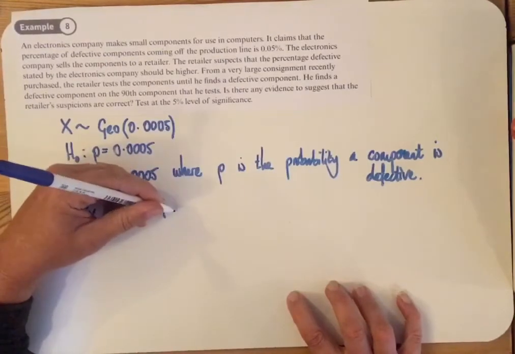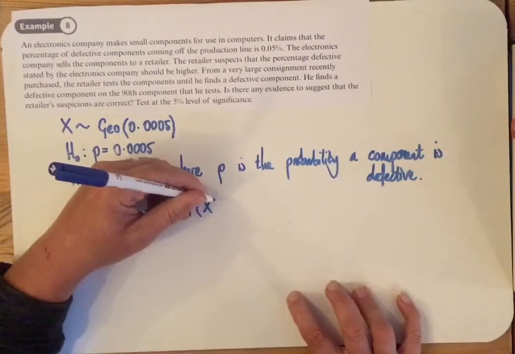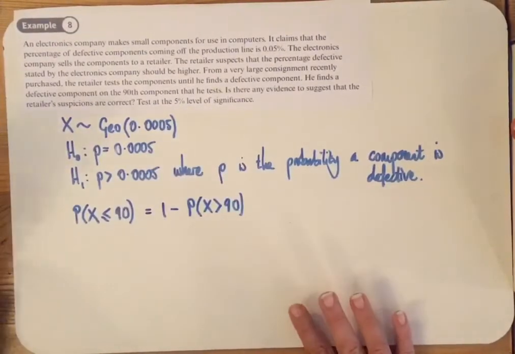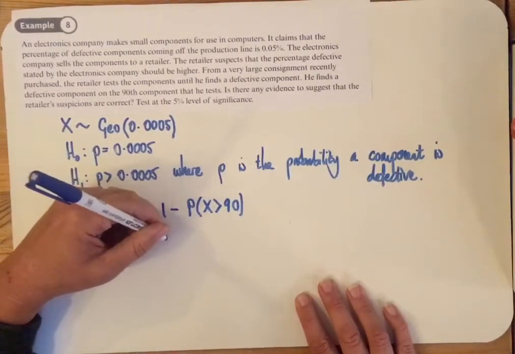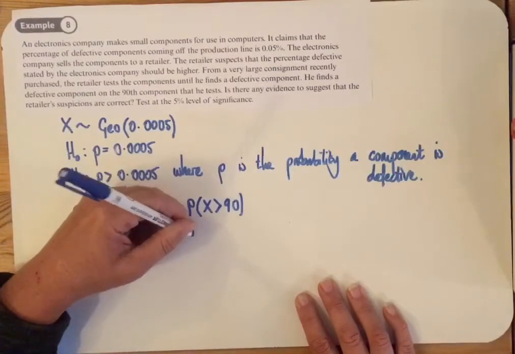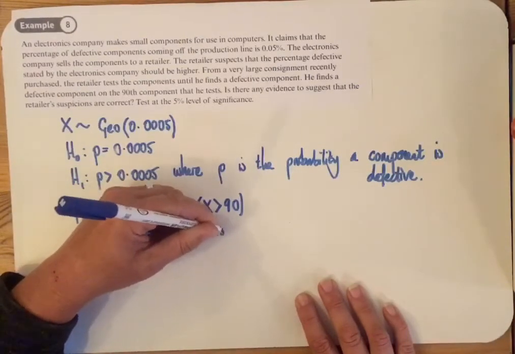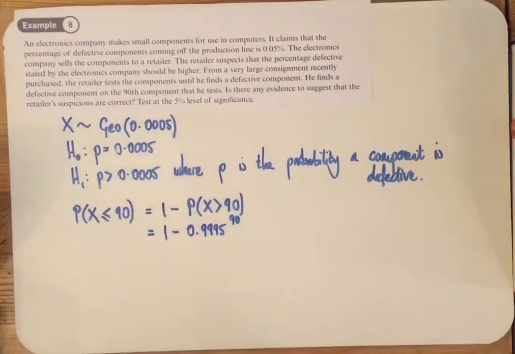That's 1 minus the probability X is bigger than 90, and the probability X is bigger than 90 is 0.9995 to the power of 90.